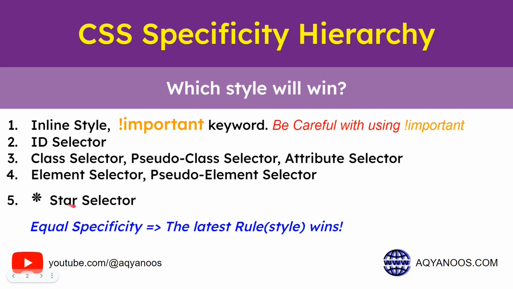So star selector has 0 priority, and if you combine different selectors you increase the priority level of the style or CSS specificity hierarchy. Now let me show you all of this in practice.